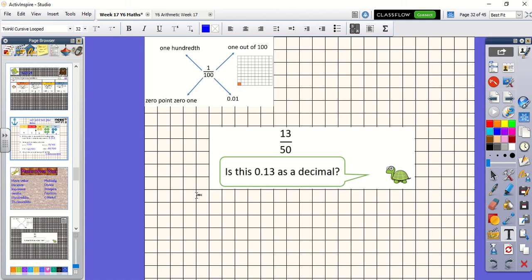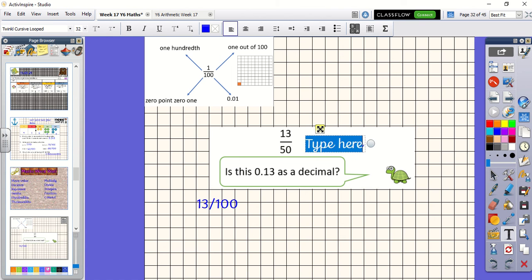So let's work it out. Now 0.13 would be 13 over 100. Okay, remember, because if it's 2 places after the decimal point, the denominator is 100. So then let's work out what this would be as a decimal. So if we made this denominator 100, whatever we do to the bottom, we do to the top. So to get from 50 to 100, we multiply by 2.